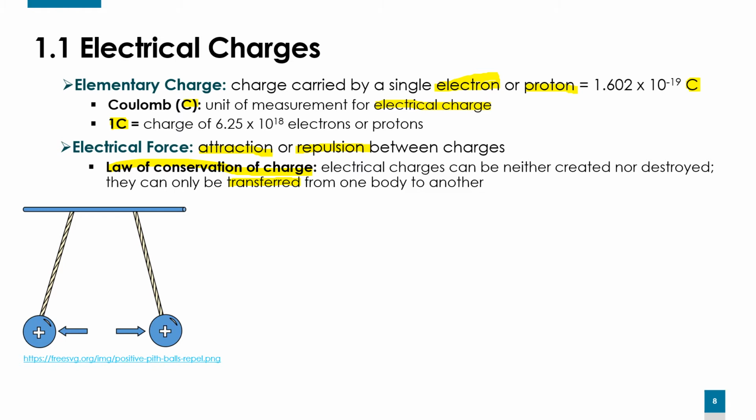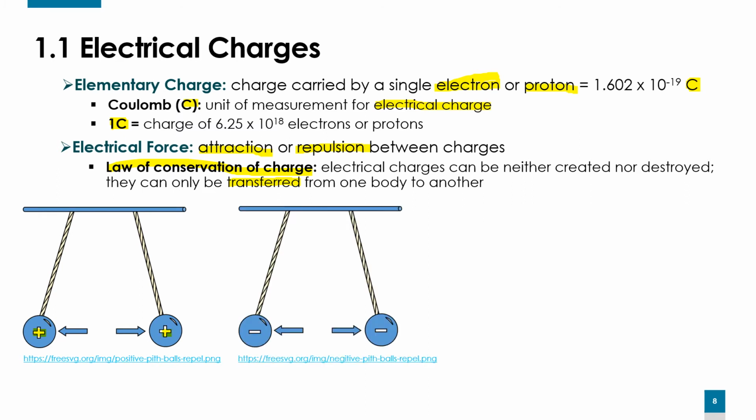And how do I know this transfer? If I have two positive charges or two negative charges, what's going to happen between them? They are going to repel. So if I have like signs, the same sign, they are going to repel each other.